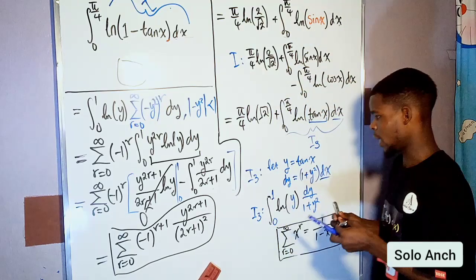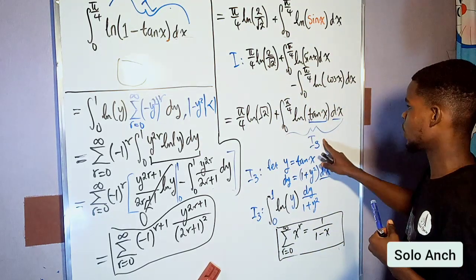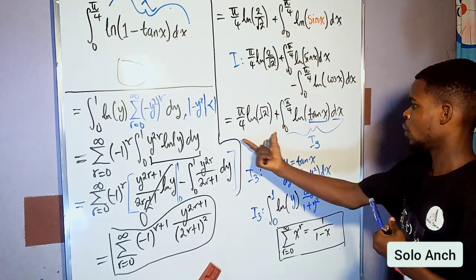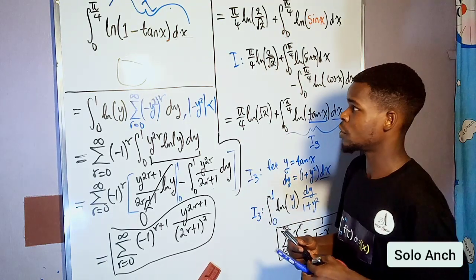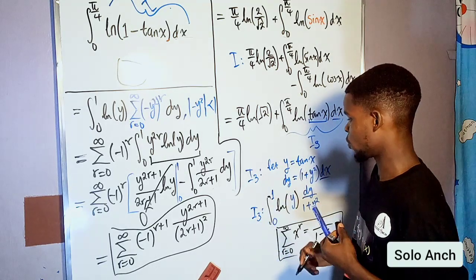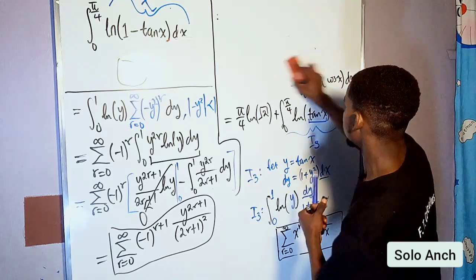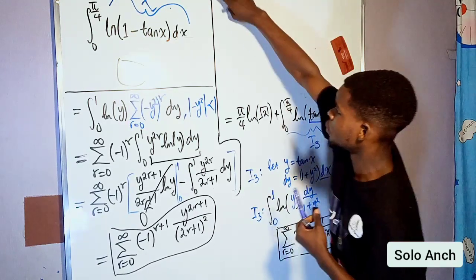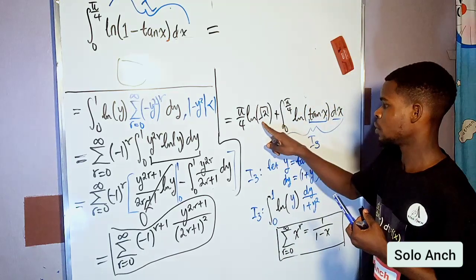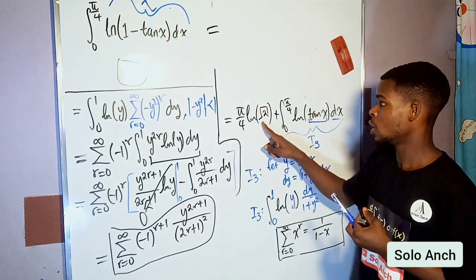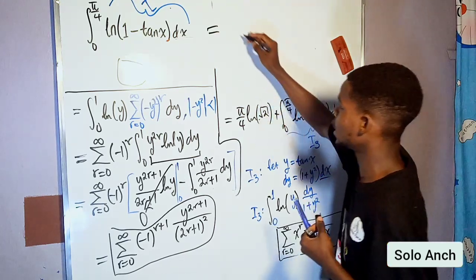Okay, so recall what we had. Well, we had to stop here. So we have to add this constant to this right here so that we have the original integral. That's as a solution. So permit me to clean this right here. I'm just going to say that this integral is equal to pi over 4, then the natural logarithm of the square root of 2. Well, I can think about the square root of 2 as 2 raised to the power of 1/2. I can factor it out front.